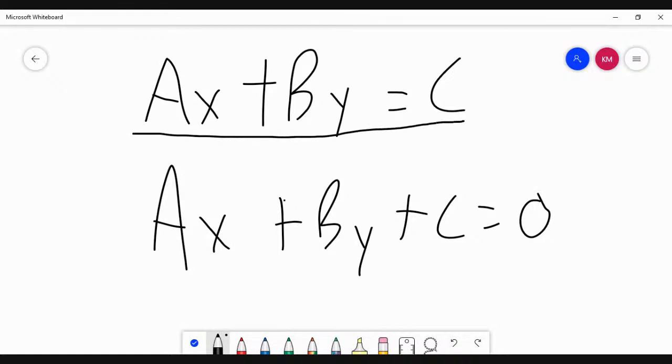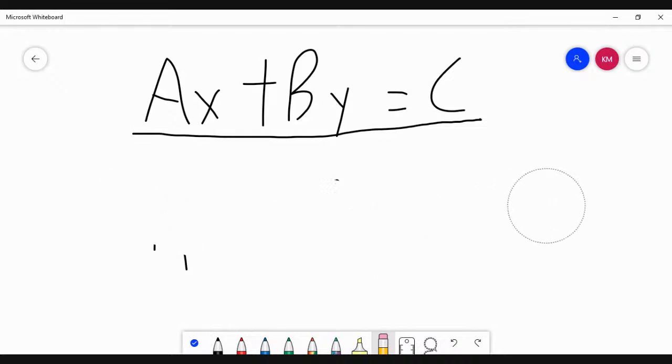So now, this is the standard form for linear equations. Now, the only reason why this is being shown is because guess what? There will be questions asking you to show the standard form of a linear equation.